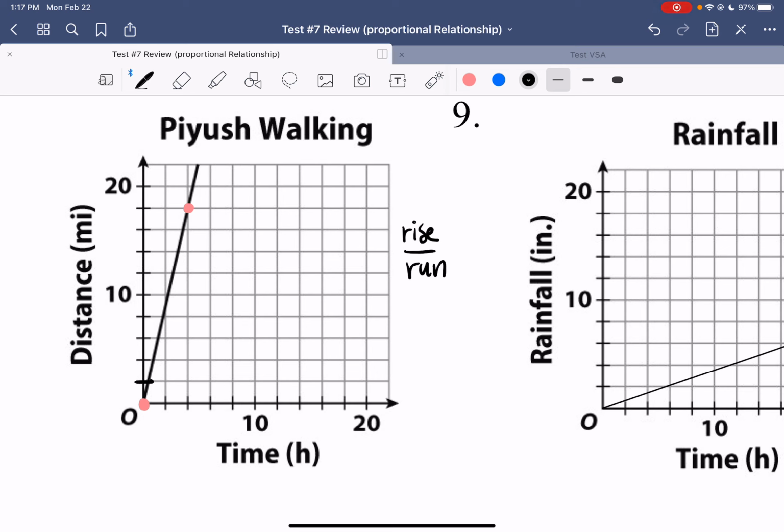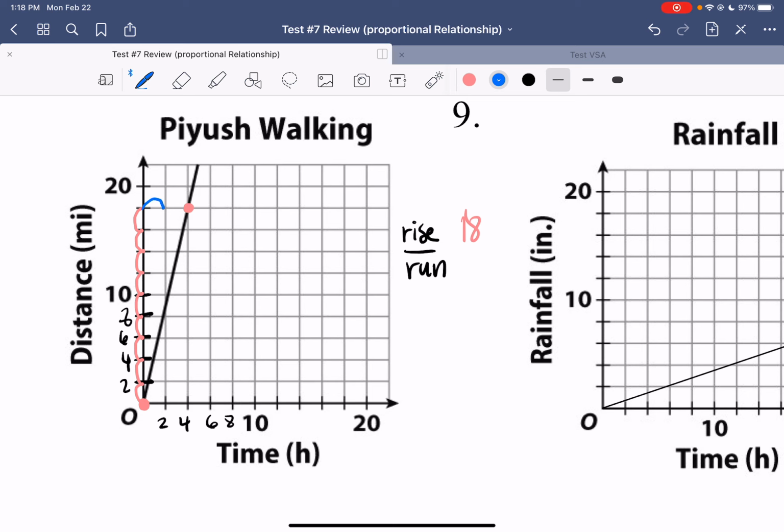Each of these lines that are counting, it looks like it should be 1, but once we're going up, we get to 10. So our interval is going to be 2 on both the x and the y. You just need to make sure to pay attention to the intervals. So when we do our rise, we're going to go 2, 4, 6, 8, 10, 12, 14, 16, 18, rise.